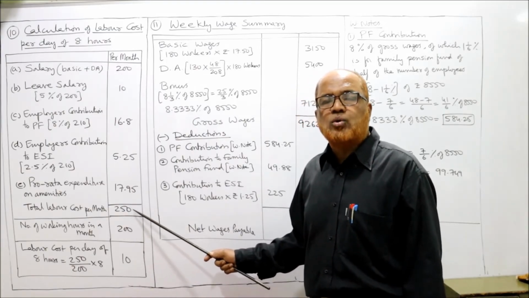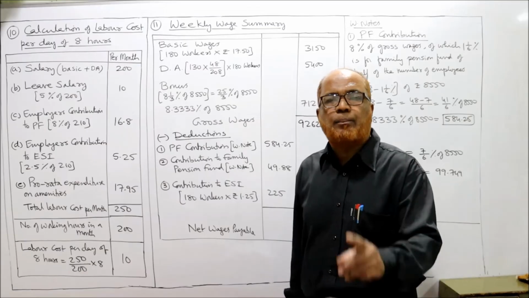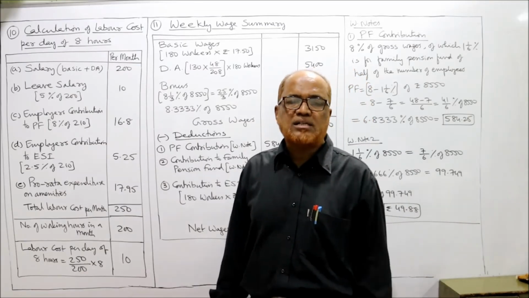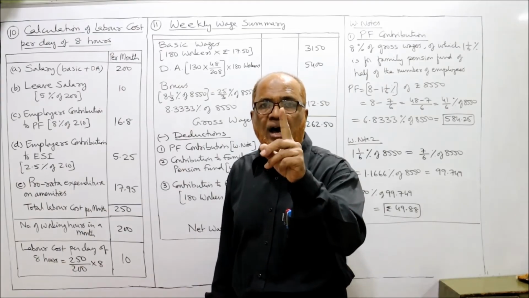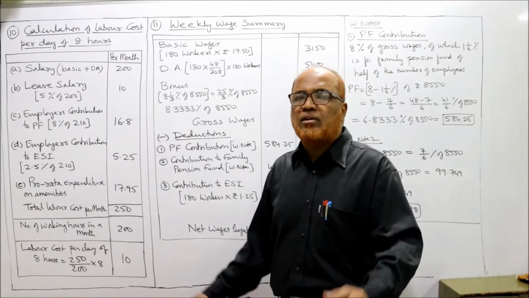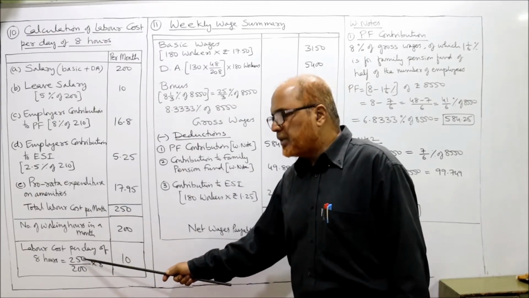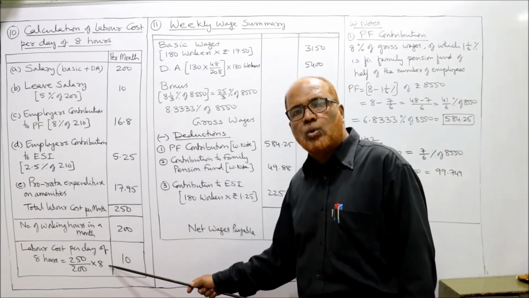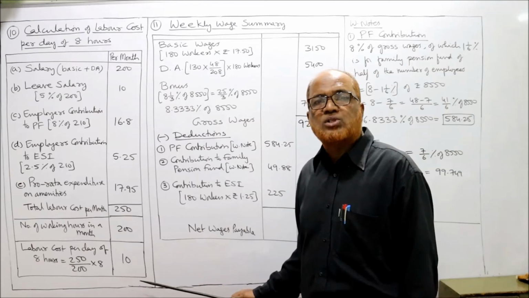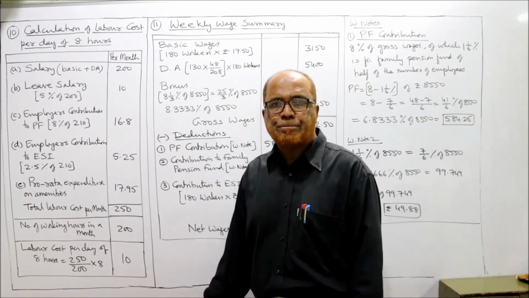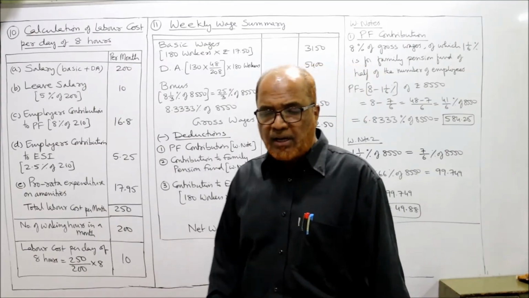So if you divide 250 by 200, you will get per hour. But we require not 1 hour, but 8 hours. So 250 rupees divided by 200, into 8. You will get the labor cost for 8 hours. 10 rupees is the labor cost. That's it. So this is the end of problem number 10.